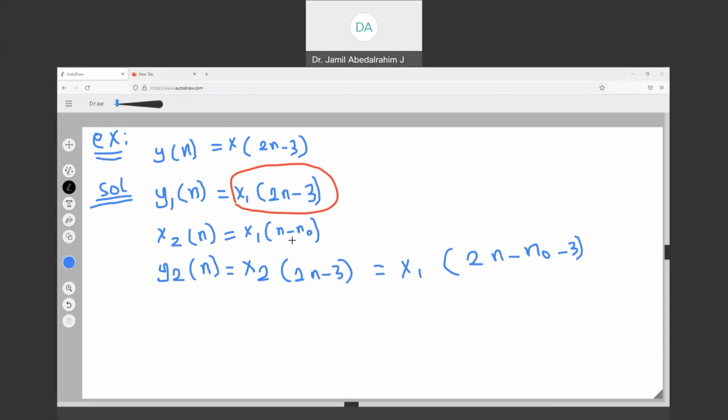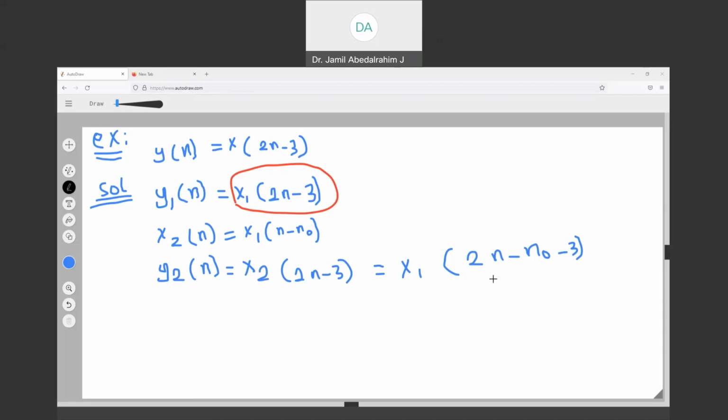So when we execute it for this equation, look at this equation, the 2n will replace the n.